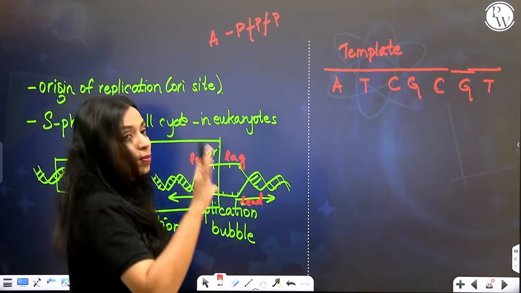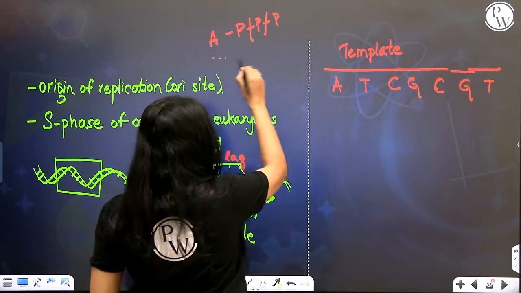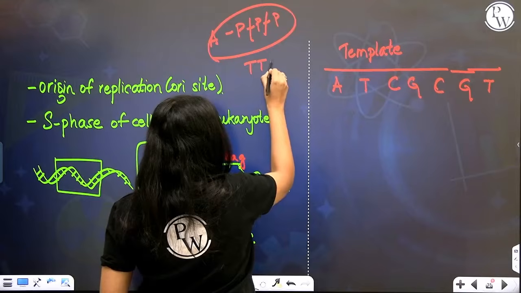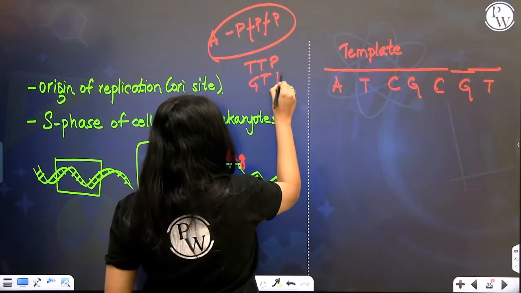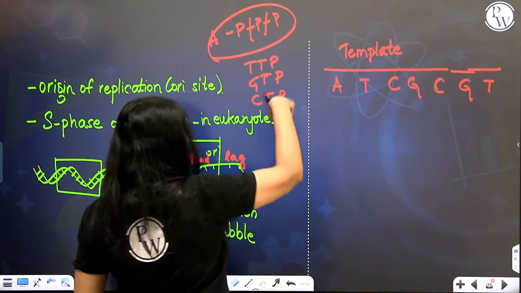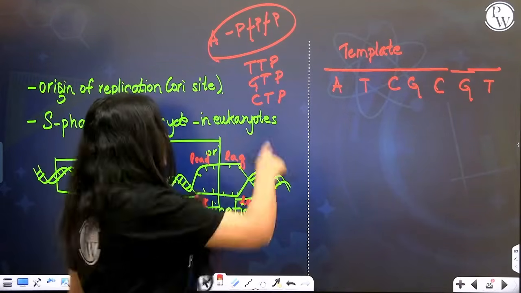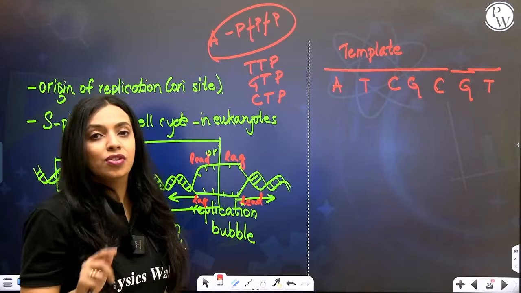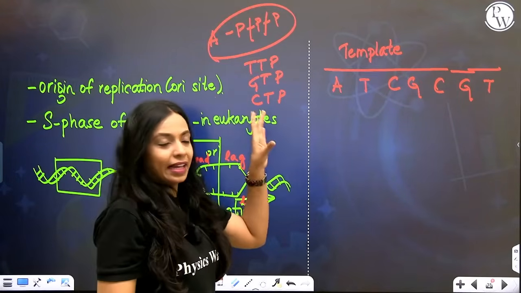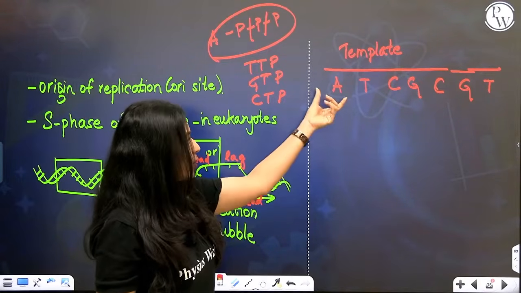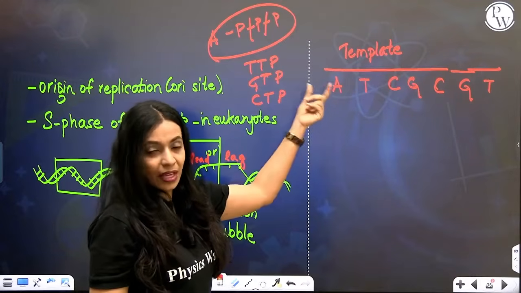So what happens is DNA polymerase will bind to ATP. It could be ATP, TTP, GTP, CTP, any of these. Okay, so they are all nucleotide triphosphates that have a lot of energy in the bonds. So, if this DNA dependent DNA polymerase has to synthesize a new strand, it will read that it has an A there in the template.